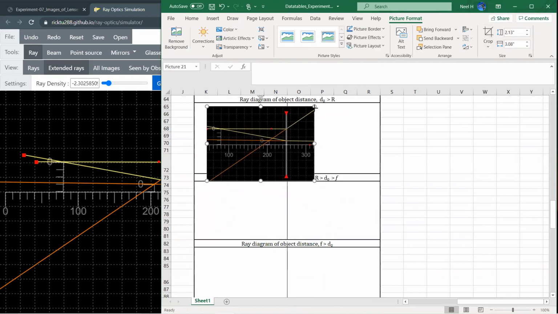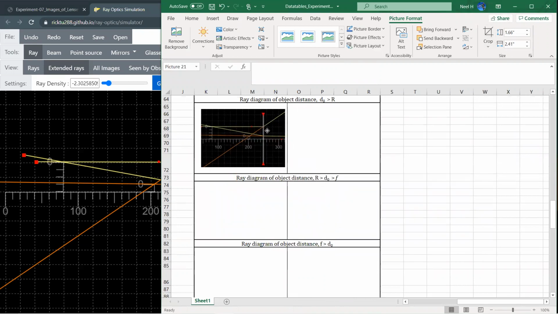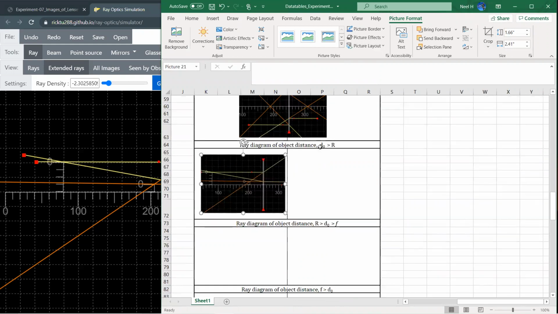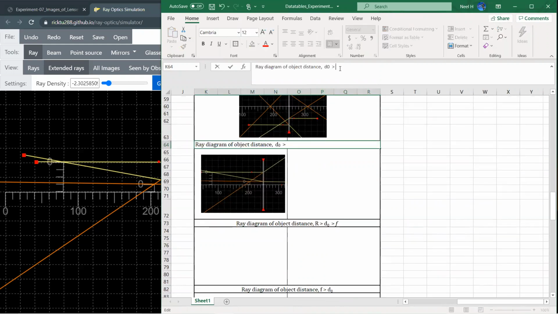I need 2 pictures for each case: when the object distance is larger than twice the focal point, then in between the focal point and twice the focal point, and then below the focal point.